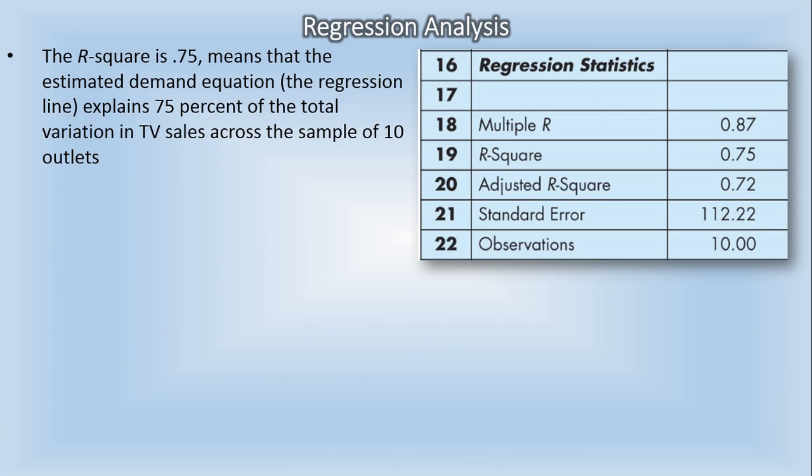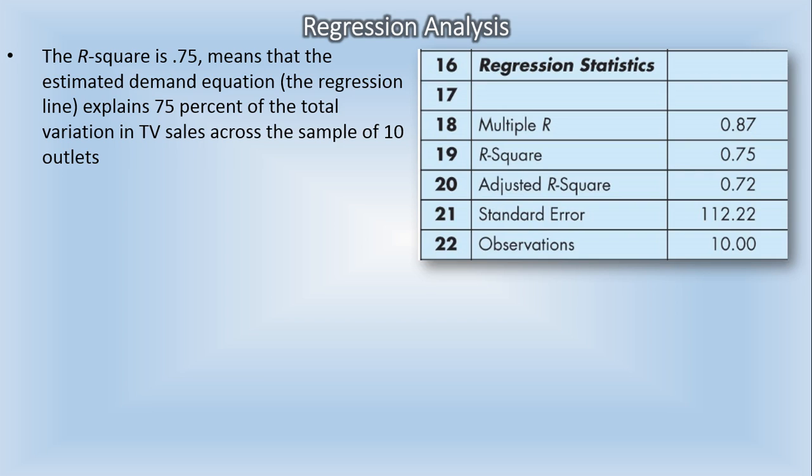If the R square is equal to 0.75, let's say, it means that the estimated demand equation explains 75% of the total variation in TV sales across the sample of 10 outlets. So again, that is telling us that a lot of the variation in the dependent variable is being explained by the model. So it's a decent fit. Including just the price helps us to explain a decent amount of variation.